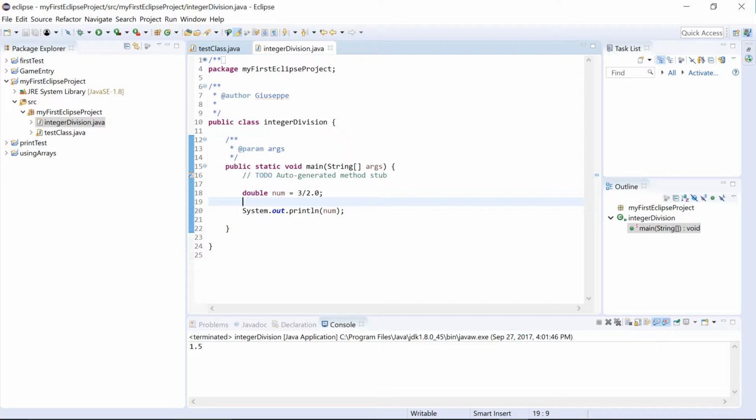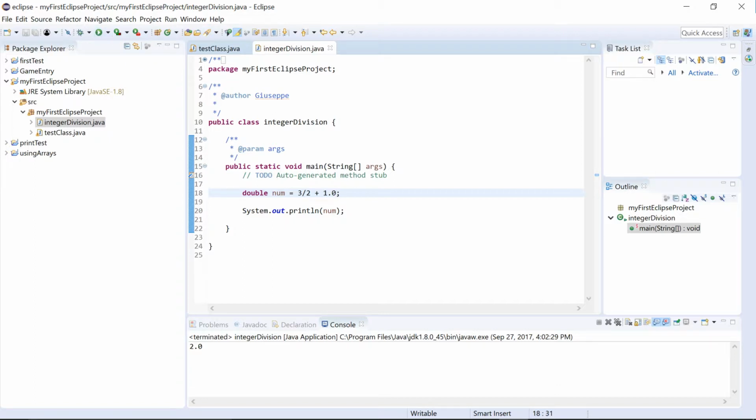Now, what if we had a double number and we said it was 3 over 2 plus 1.0, and we're going to print out that number? We actually get 2.0. Why did we get the correct answer 1.5 before with 3 over 2, but now we're adding 1.0 and we're only getting 2 when we know it should be 2.5?